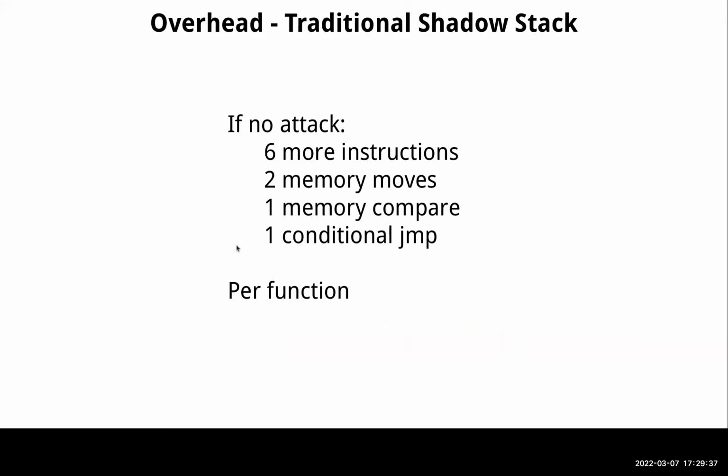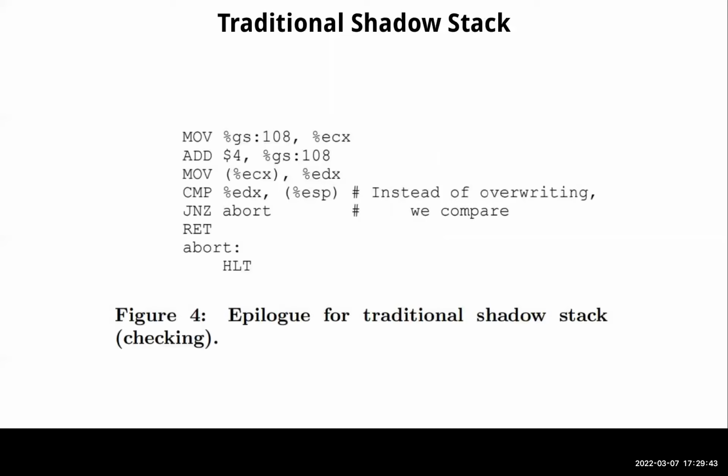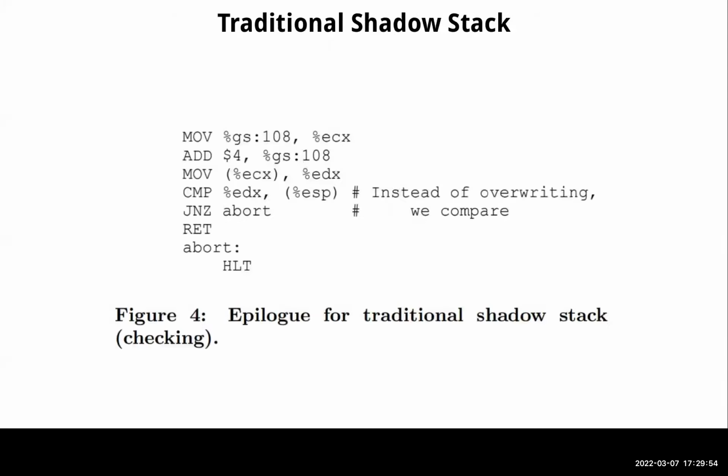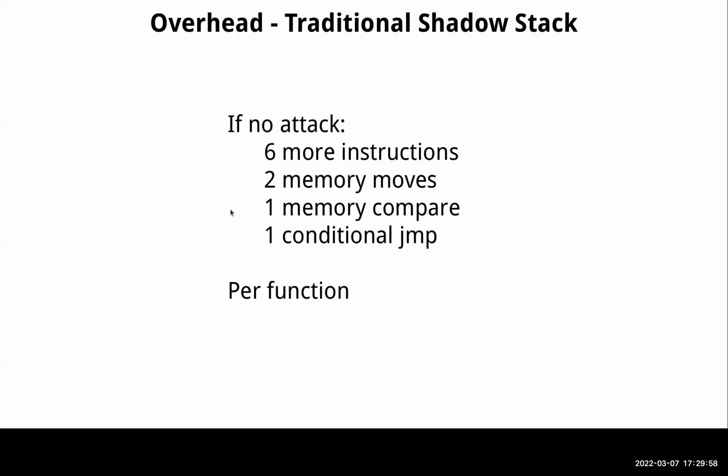So for every function, there will be several more instructions. I think I'm counting here. Okay. For the checking one, at the end there are 6 more instructions: several memory moves, 1 memory compare, and 1 conditional jump. So that will make your program run much slower.